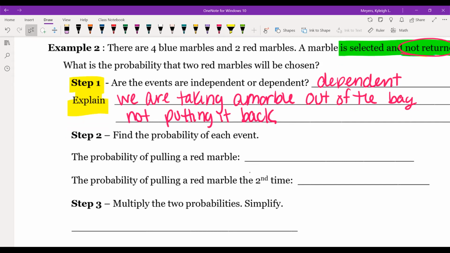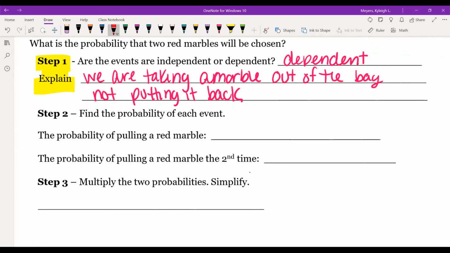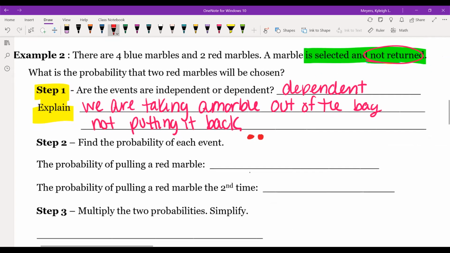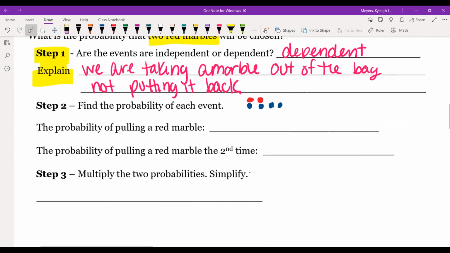Okay, so let's find the probability of each event. There are 2 red marbles and 4 blue marbles, and we want to find the probability of 2 red marbles. So how many marbles are there in total? 1, 2, 3, 4, 5, 6. There's 6 marbles, right? And I'm taking a red marble out. So that's 2/6, or really 1/3.